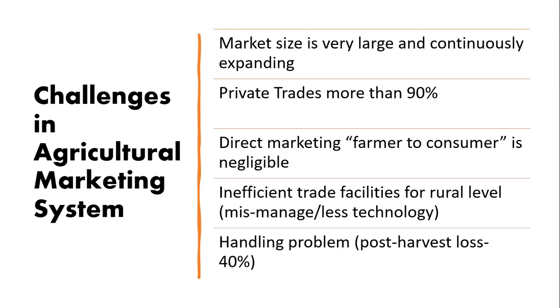Land is going for manufacturing or other services, or farmers are going away from agriculture. Therefore, the production side is reducing, not actually in other countries, but in the Sri Lankan scenario. Therefore, effectiveness and efficiency have to increase every day with respect to the marketing system, as the market is continually expanding, right? This is one challenge, the expanding market.